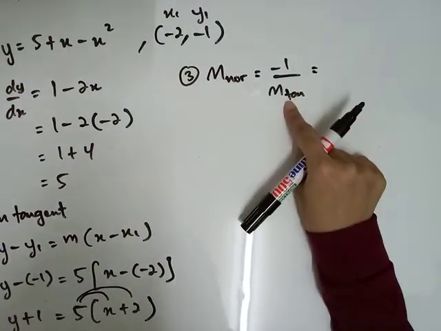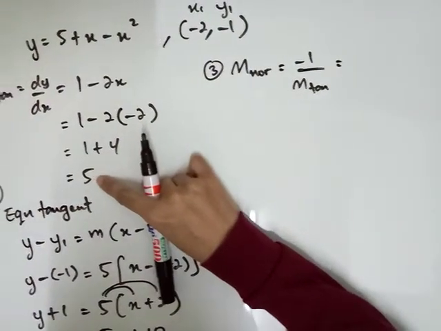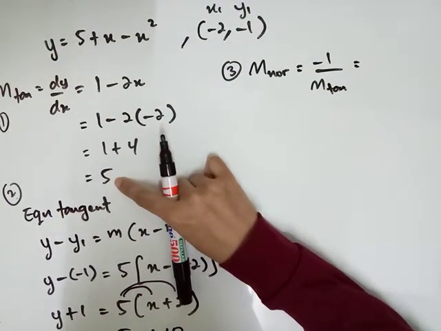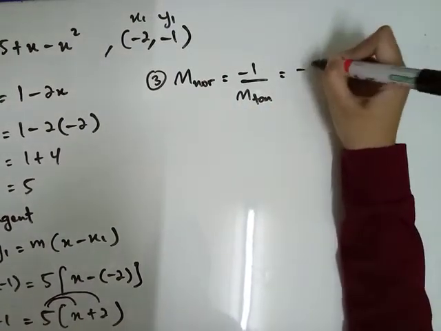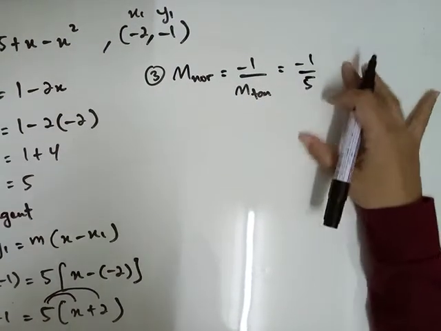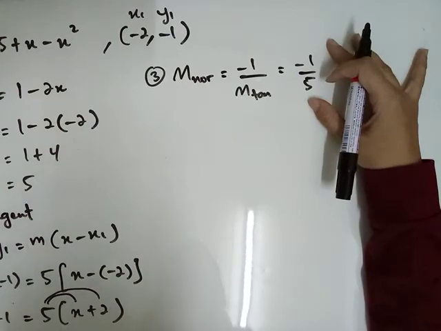We know that m tangent is 5, so substitute into the formula to get the gradient for the normal: negative 1 over 5.